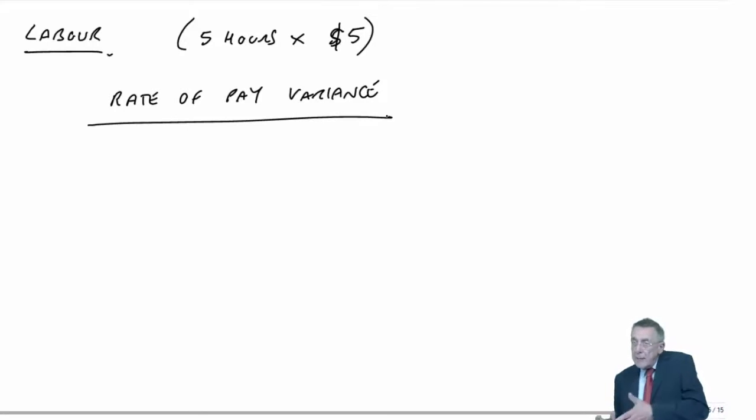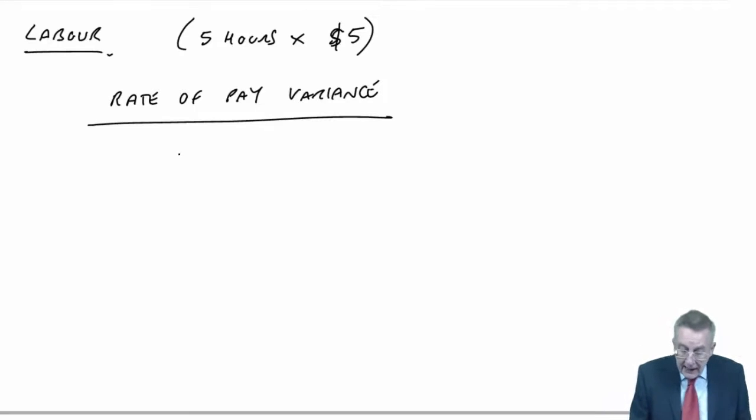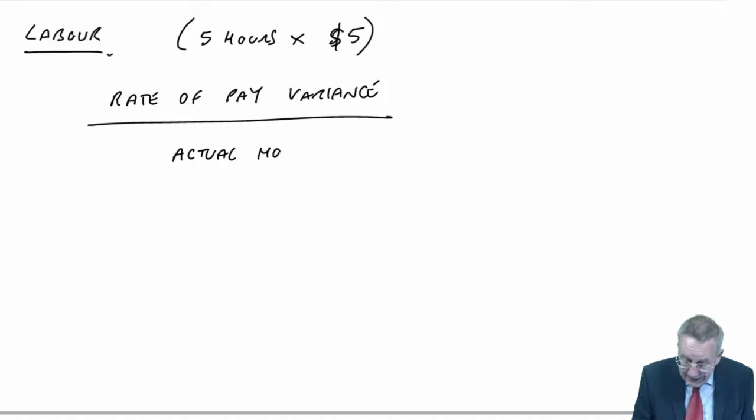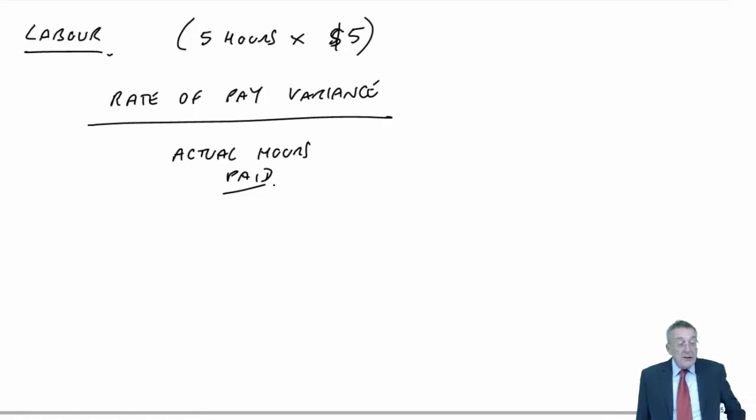And we check how much we paid and how much should we have paid. So we take the actual hours paid and if you look at the question, it says we paid for 45,400 hours.